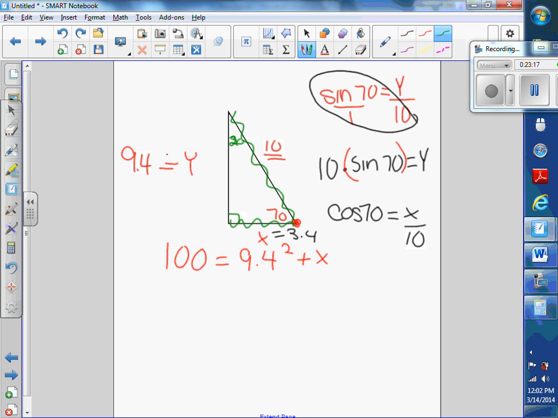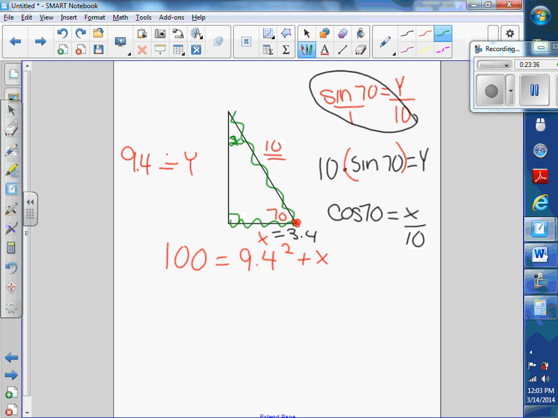Okay, Mitchell, you took the 90-degree angle. You can't use these ratios with the 90-degree angle. This only works for acute angles, Paul.